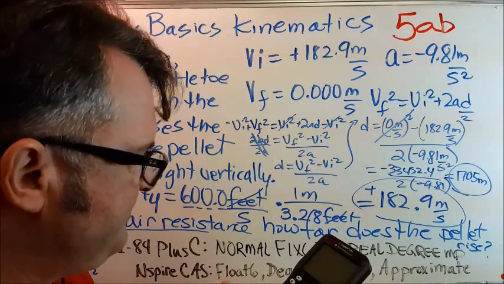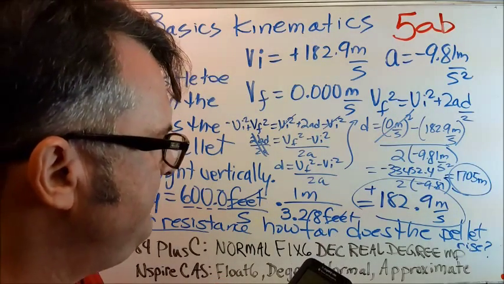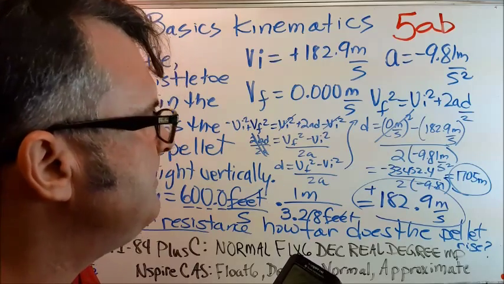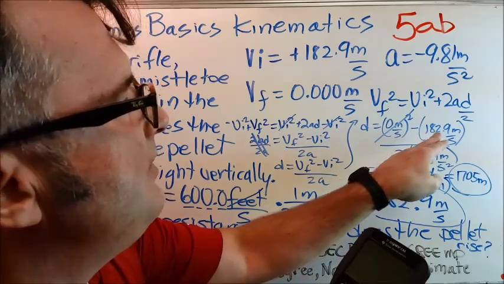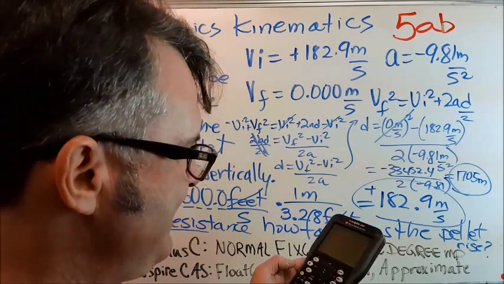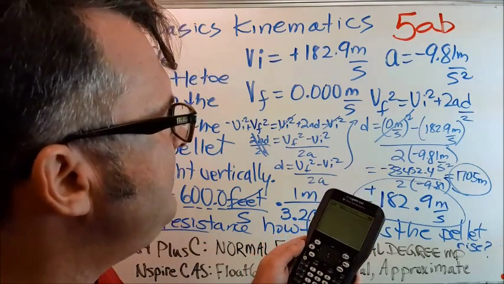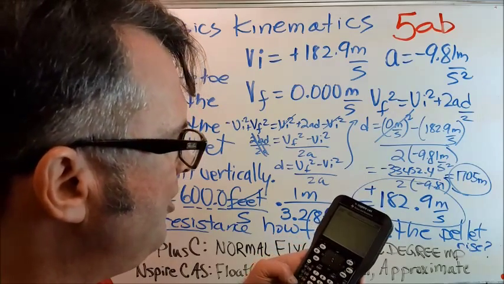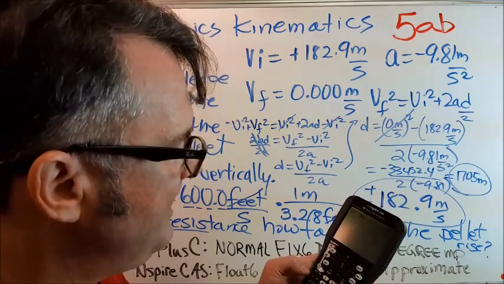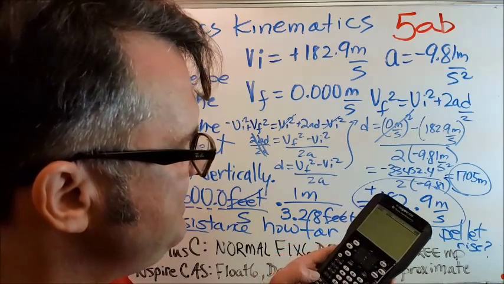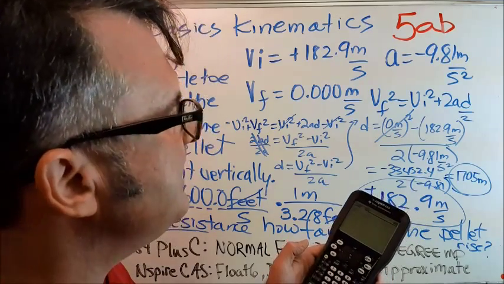In the TI-Nspire, let's hit on. We've got our page up already. Let's say negative, which is at the bottom right of the keypad, and then an open parentheses, which is at the bottom left, 182.9. Let's close the parentheses and hit x squared. Let's hit enter.